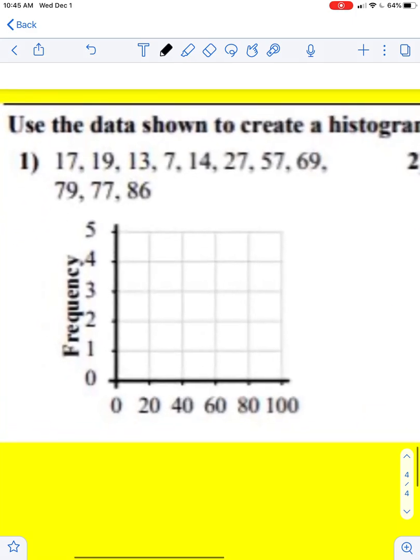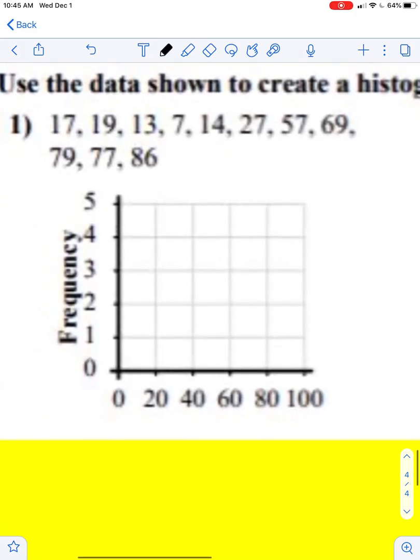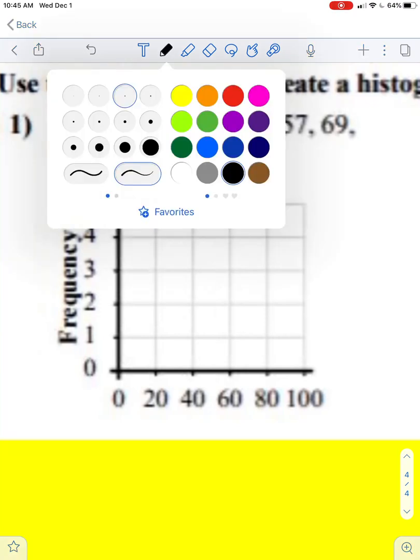So now that you have made these 2 histograms, we're going to go over them together. Histograms are different from bar graphs because they use a range. And we're going to go over how to do that exactly.